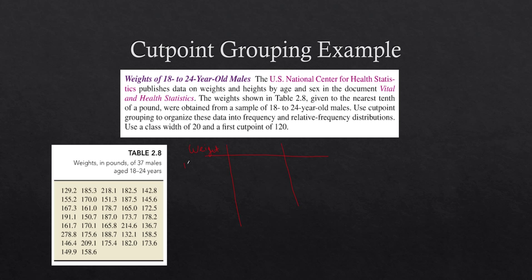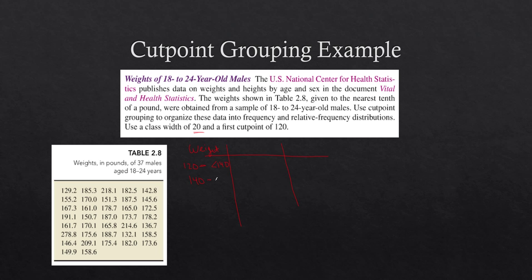And we're going to start at 120. But remember what our width is. It's the difference in our width is 20, but class width in general is the difference in the lower cut point of the next highest class. So I know my lower cut point of the next highest class is going to be 140. So that means this particular class is going to be from 120 to less than 140.